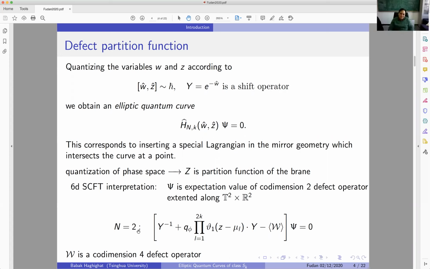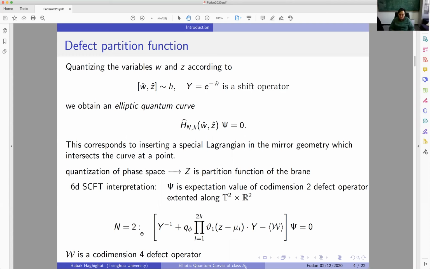The crucial point is that this equation arises in the NS limit, the Nekrasov-Shatashvili limit of the Omega background, and only there will it factorize. Otherwise, it does not factorize. So it's more like an elliptic version of the qq-character. Yes, exactly, that's another name for it.